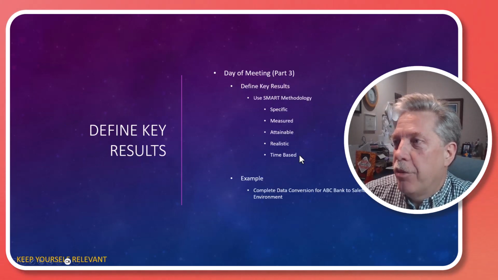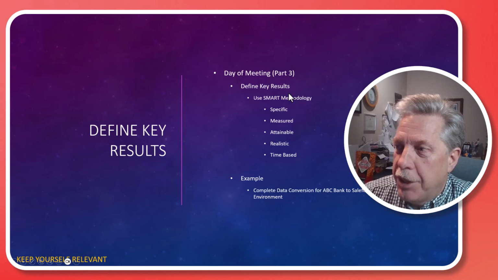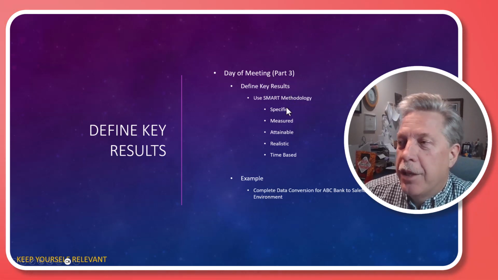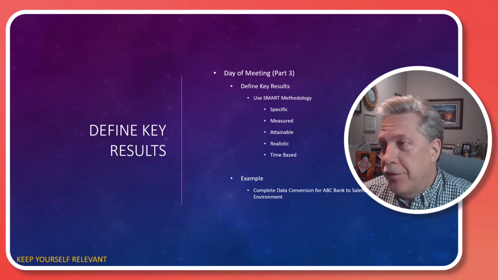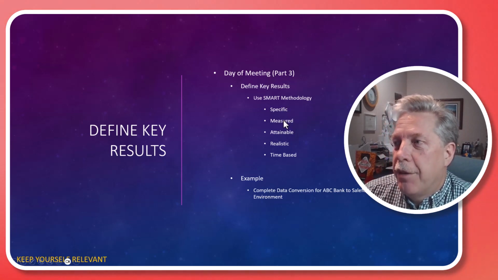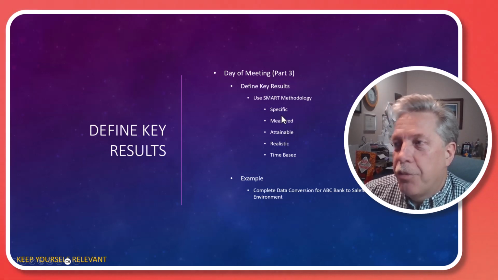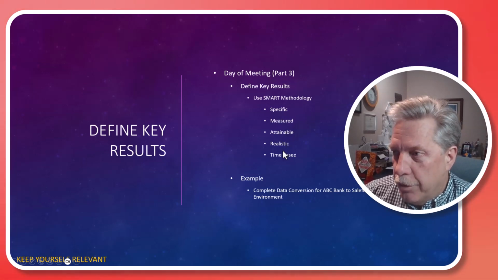And then the third part was we defined the actual key results that we were looking for. We used the SMART methodology, trying to identify something specific, measurable, attainable, realistic, and time based. You have probably done SMART goals before.